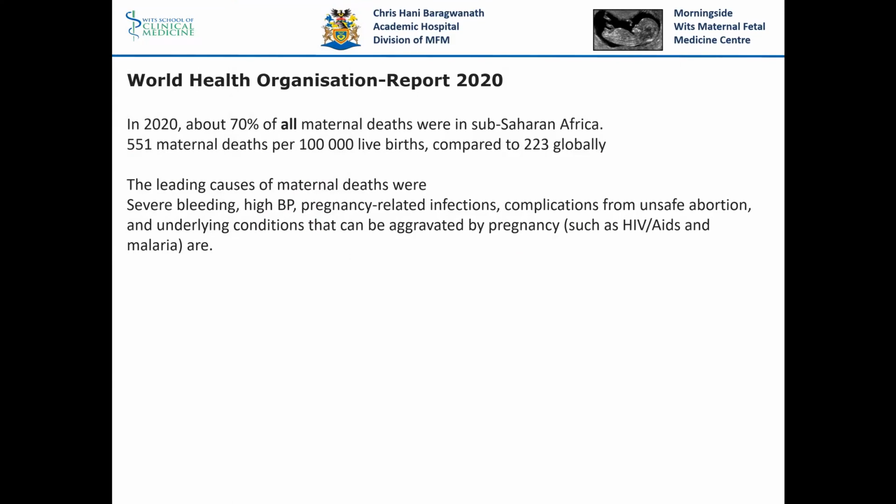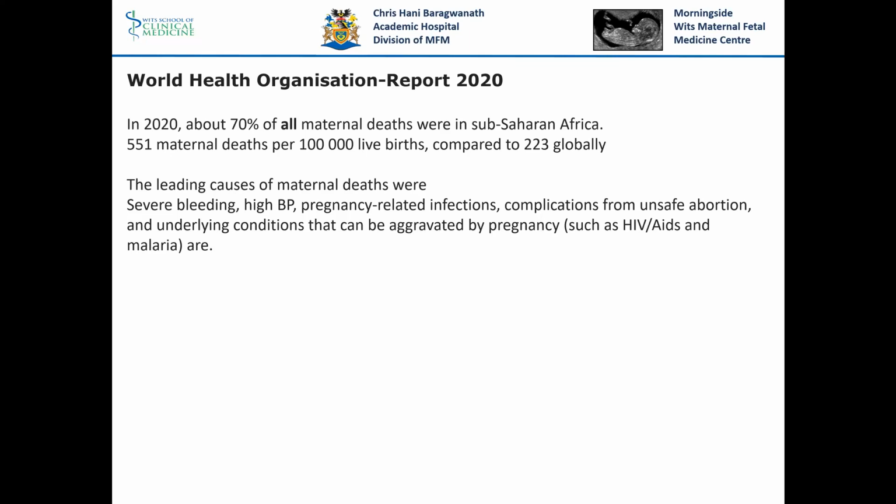A recent report by the World Health Organization, published in 2020, highlighted a problem that we are aware of, and we struggle to accept that this is entirely true. Nevertheless, in 2020, the World Health Organization reported that about 70% of all maternal deaths were in sub-Saharan Africa.